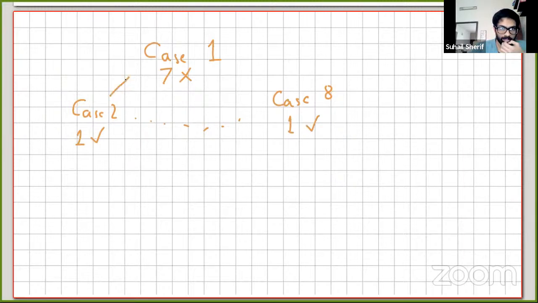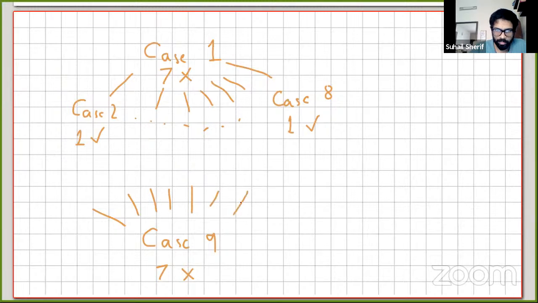And these all are just changing one hat from case 1. Now we want to choose a new case to have 7 wrong answers, right? So let's call that case 9 has 7 wrong answers. And we want to choose it in such a way that if you look at its neighbors, the 7 things that you can get by flipping a bit, all these should be completely new cases. We shouldn't have seen any of these cases before. Case 10 till case 16.